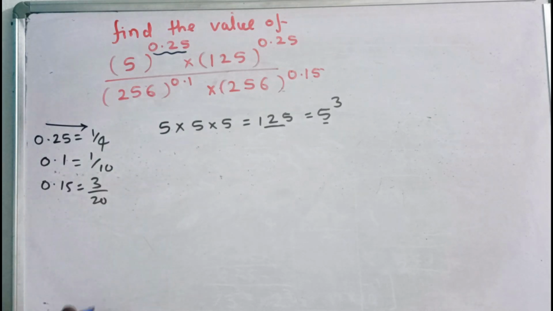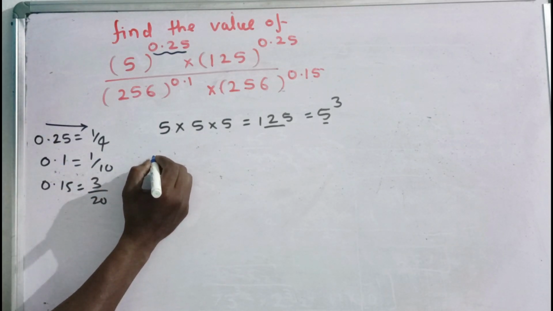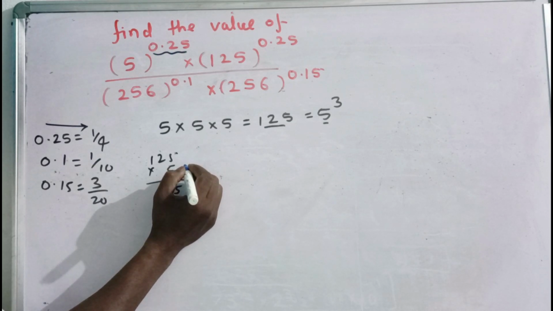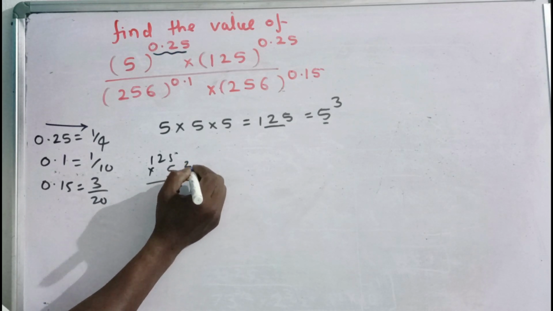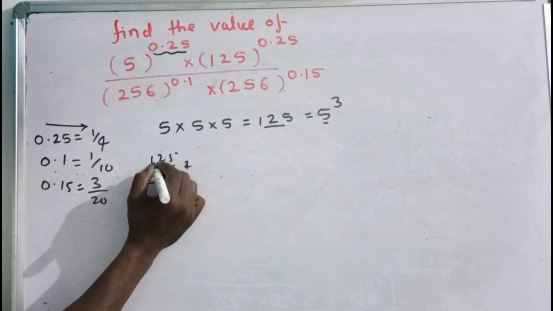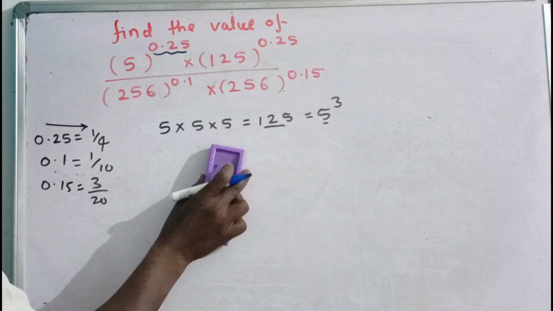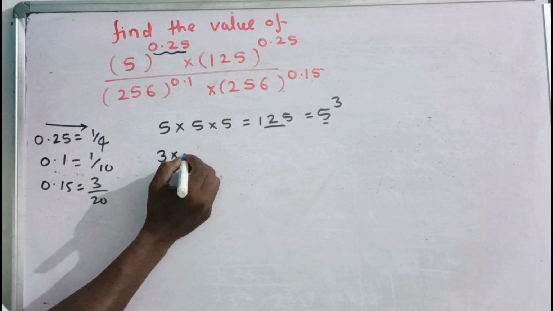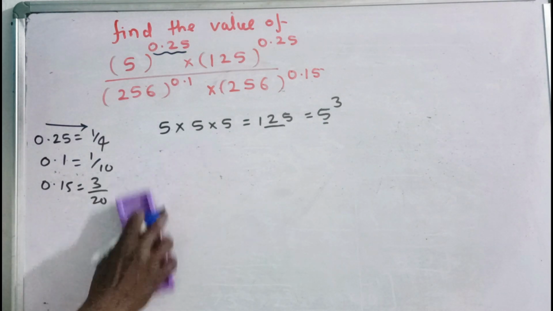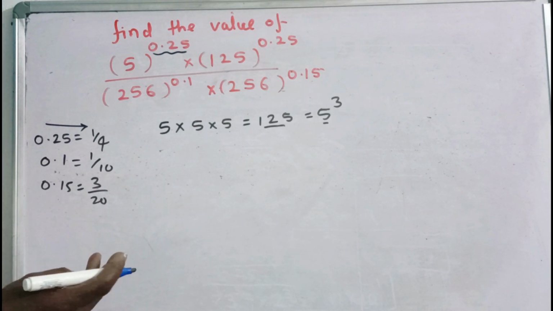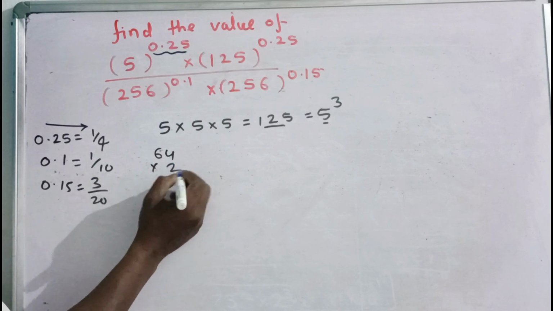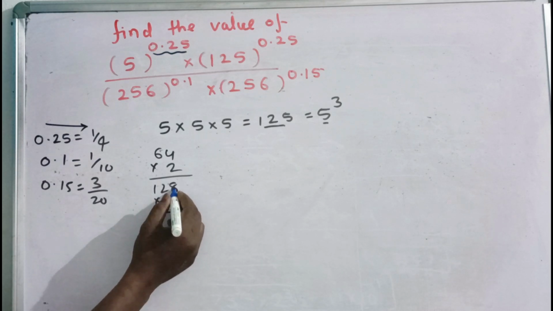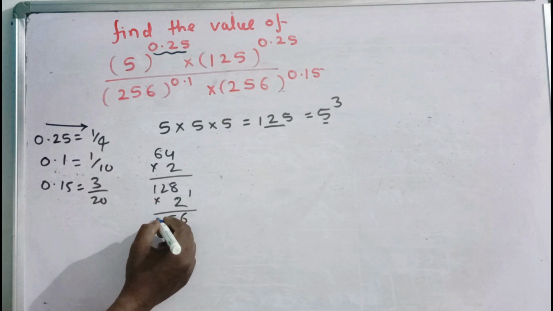Again 256. 125 into 5. No, I think it is 3. दो पाएंगे। 64 into 2, 128 into 2, 256.